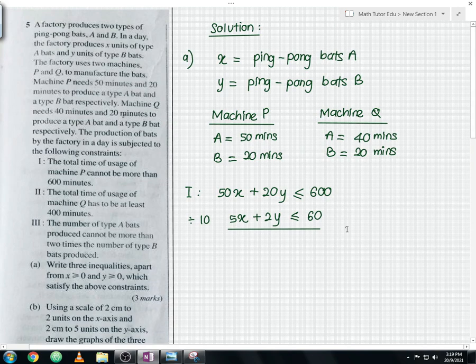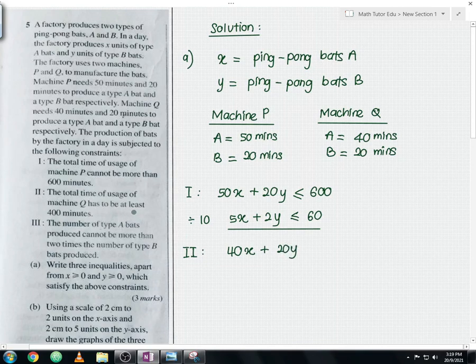Let us proceed to constraint 2. Constraint 2 mentioned that the total time of usage of machine Q has to be at least 400 minutes. So this is machine Q. Since A is representing X and B is representing Y, you just include them all together: 40x plus 20y.